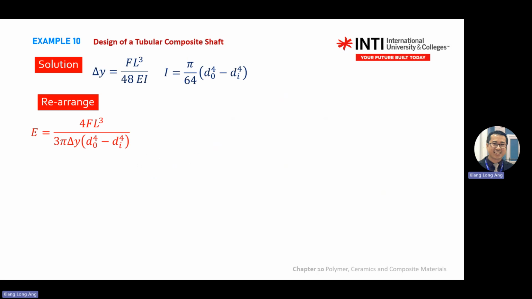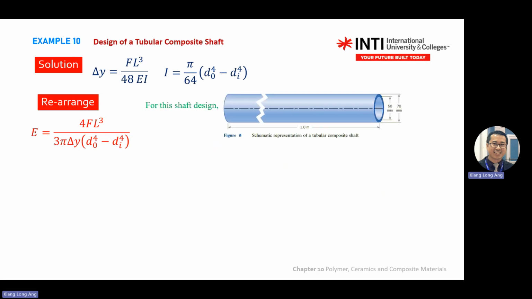So you rearrange this one, you substitute this one, you pull the I inside here. You want to find the Young's modulus. So you pull the E to the left, pull your Y to the bottom. Basically it tells you this equation. Then you rearrange. For the shape design, you have D inner and D outer. All this is substituted inside there.